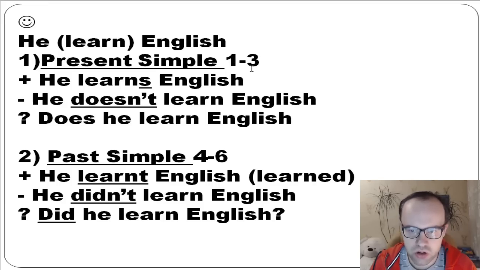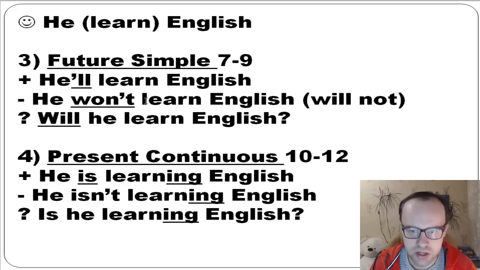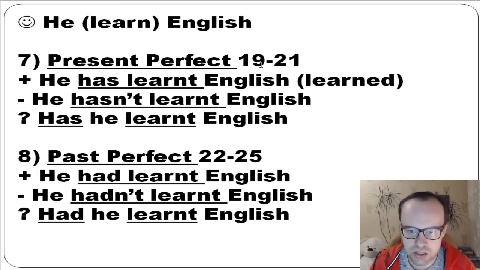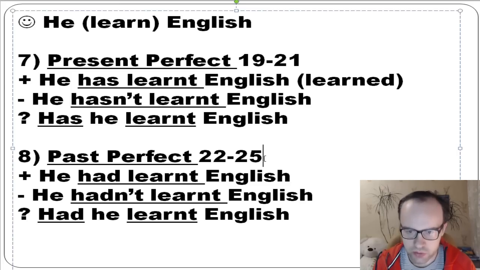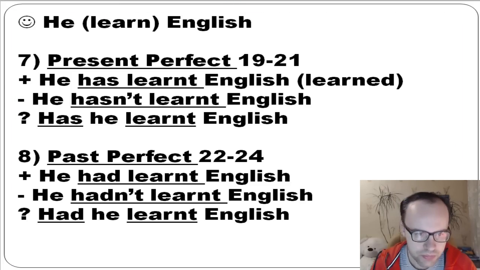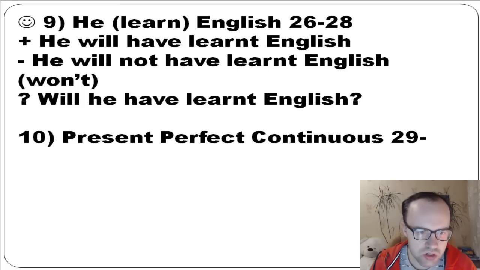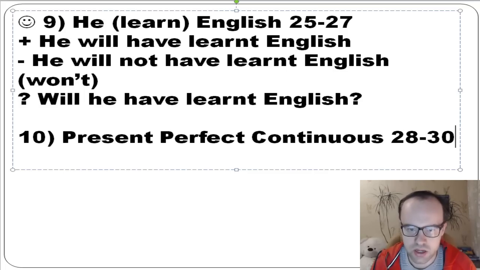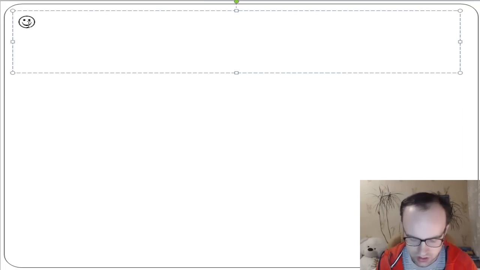So from 1 to 3, 4 to 6, 7 to 9, 10 to 12, 13 to 15, 16 to 18, 19 to 21. So we see a mistake. From 22 to 24, and so we need to correct it. So from 25 to 27, from 28 to 30, and two more tenses.